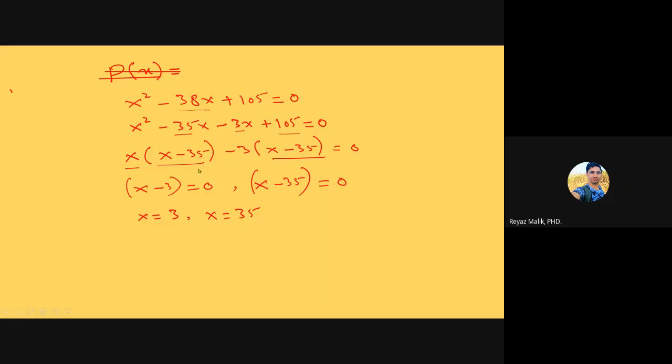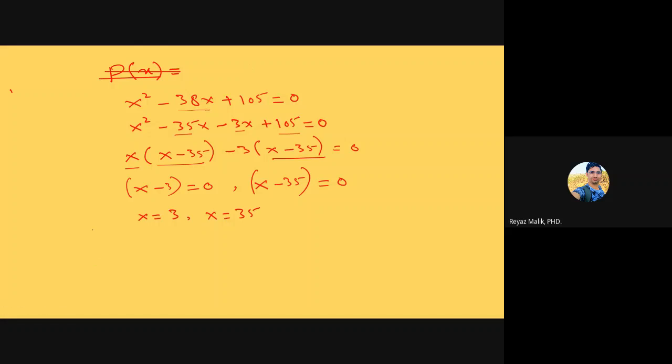It will become x minus 35 as one term, and another term will be this x minus 3. That is why I have written x minus 3 here, and x minus 35 as one term. It is correct, no problem in that. Till now we have done it.